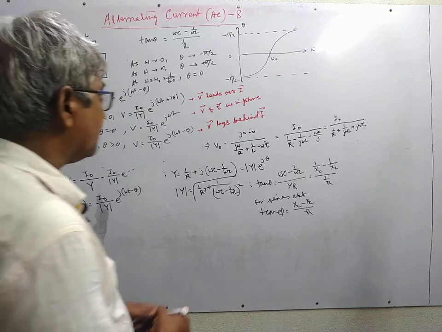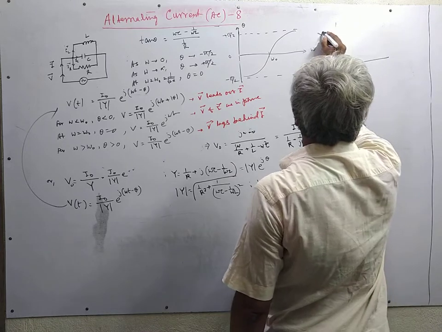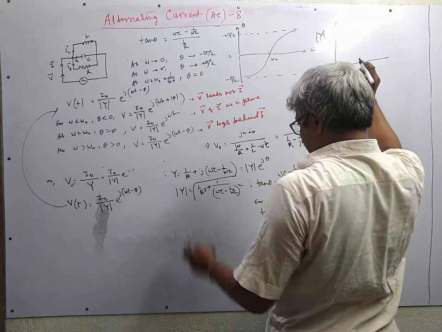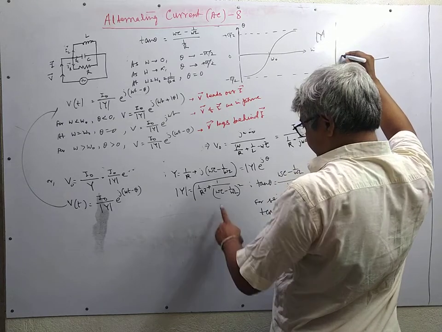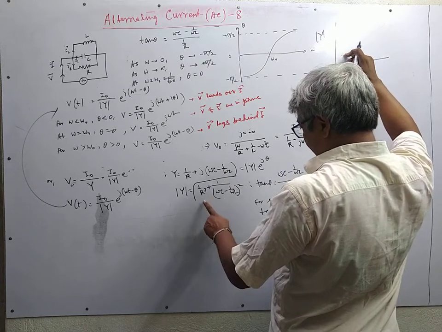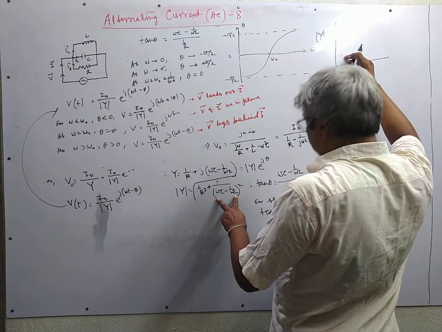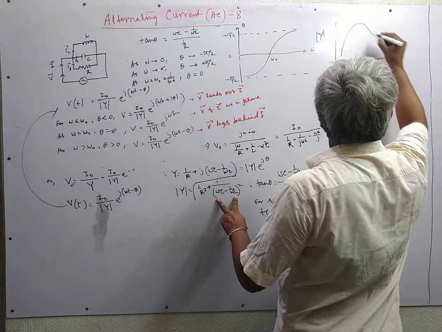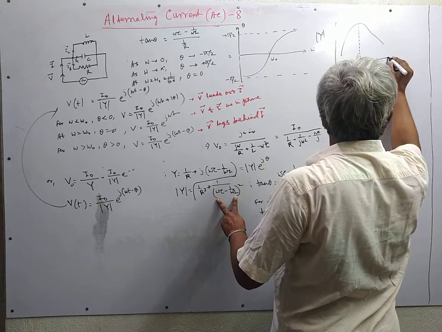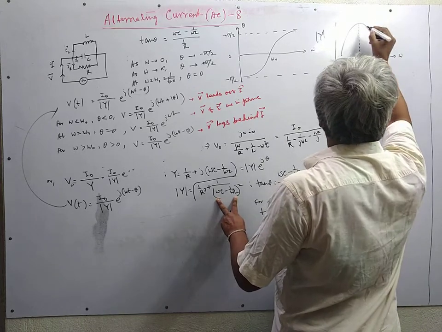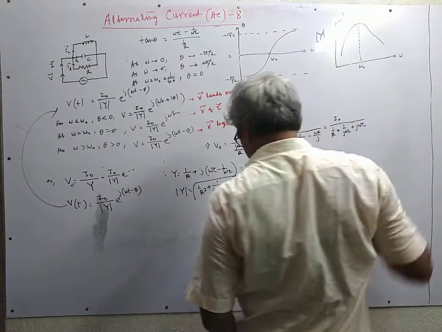So if we see the variation of mod Y with frequency, the unit of mod Y is mho, and at omega is equal to omega 0 this part is 0, so this value is 1 upon R simply.